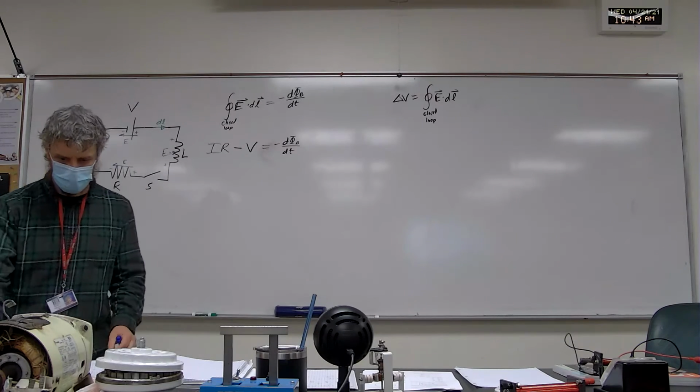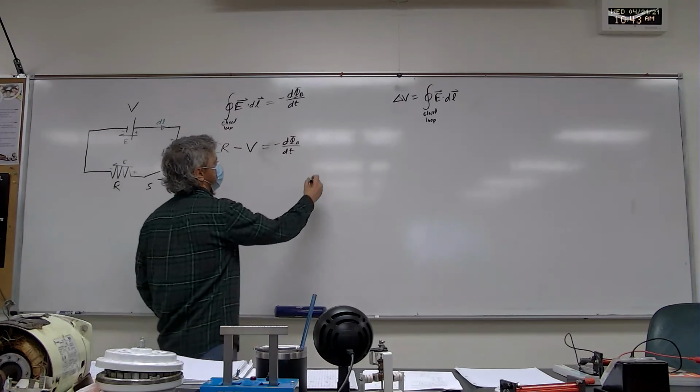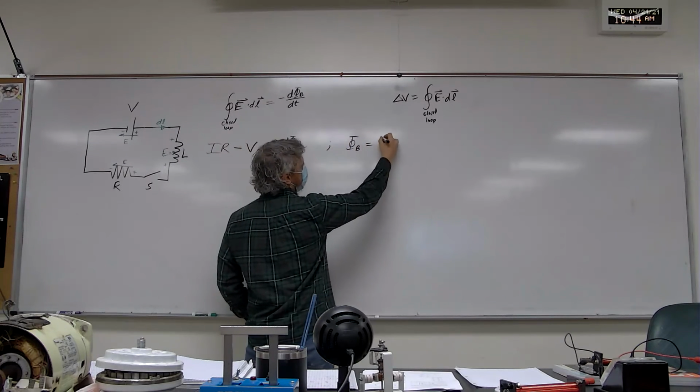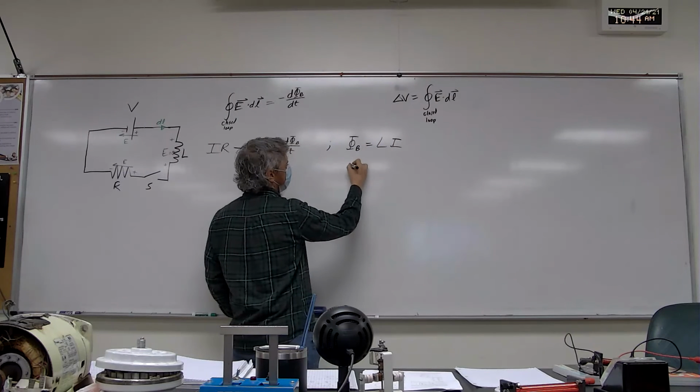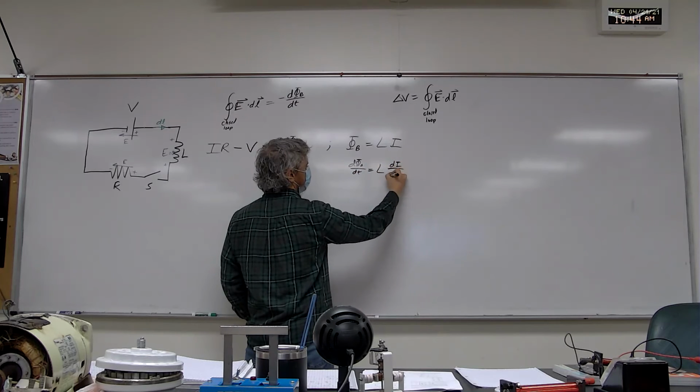And I also know that phi B is L times I, and d phi B dt is L di dt.